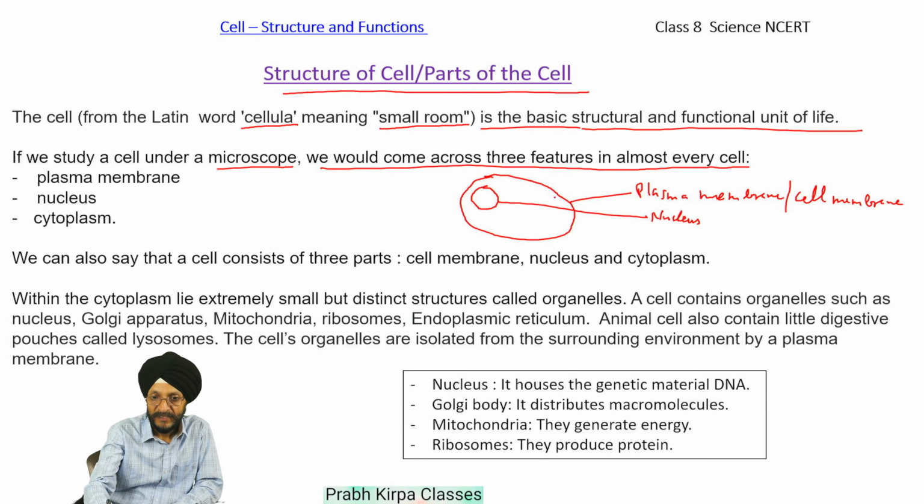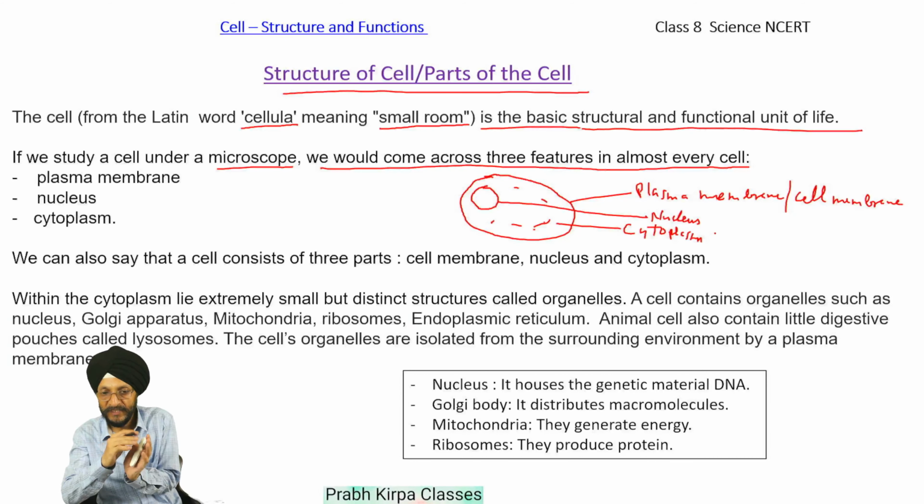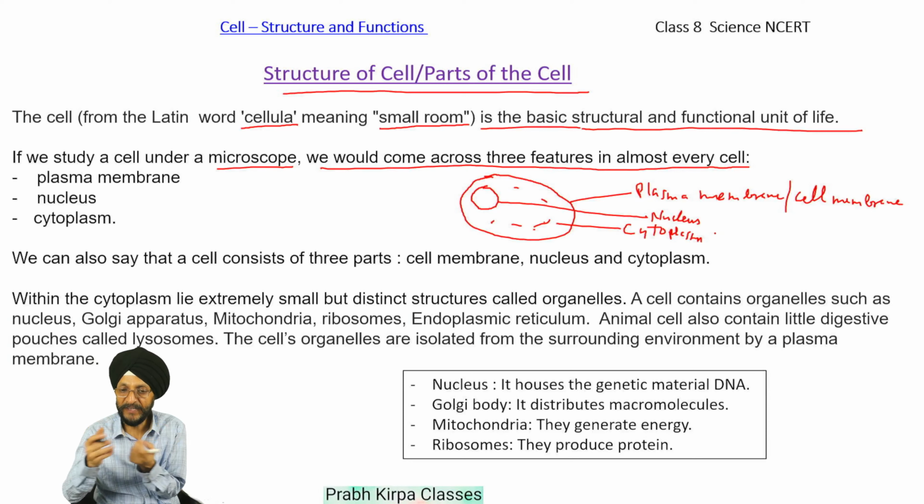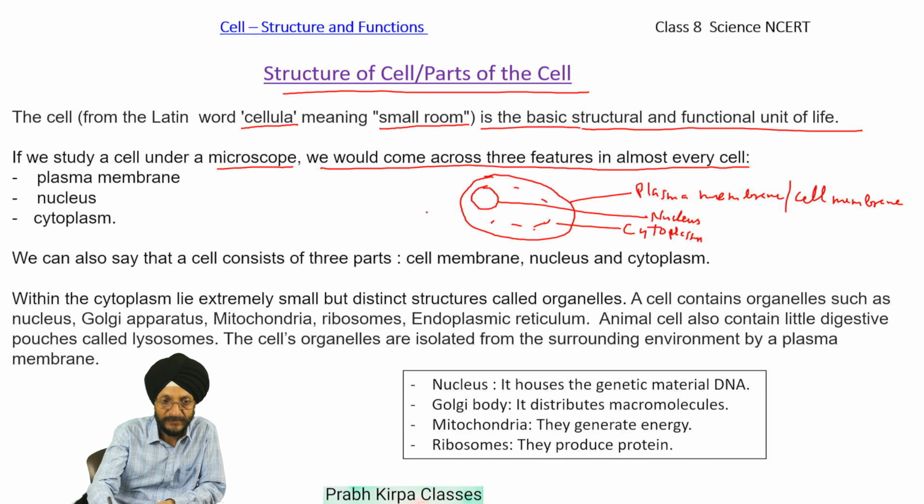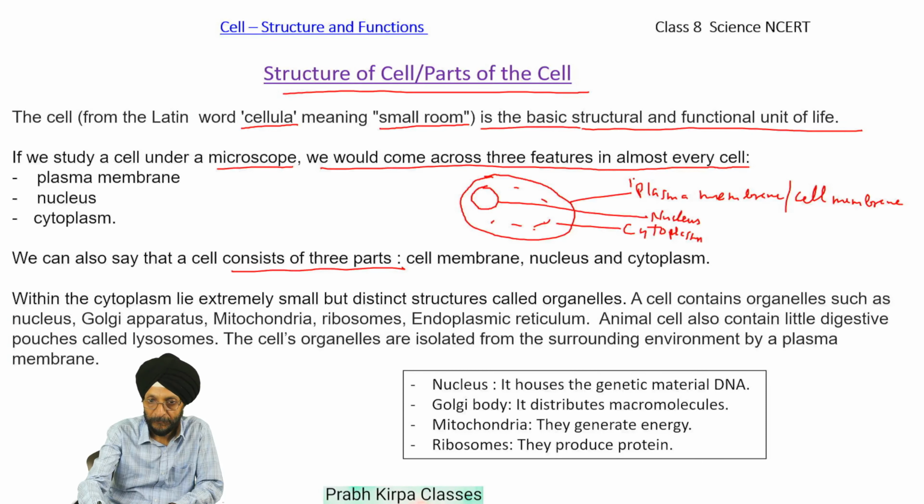Then inside the plasma membrane, there is a gel-like fluid all over here, which is known as cytoplasm. And in the cytoplasm, there are a large number of different types of organelles which we will study in the next slides. So please observe that a cell consists of three parts: plasma membrane, nucleus, and the third is cytoplasm.